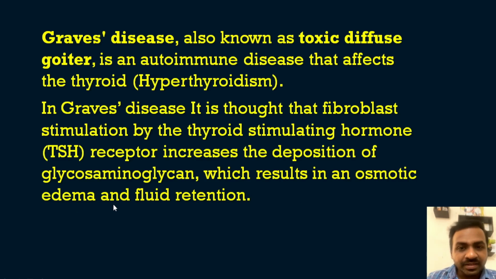So in Graves' disease also there will be fluid retention and edema, and the pathology behind this is that stimulation by the TSH receptor increases the deposition of glycosaminoglycan that can result in osmotic edema and fluid retention. Okay, so that's all regarding that question.